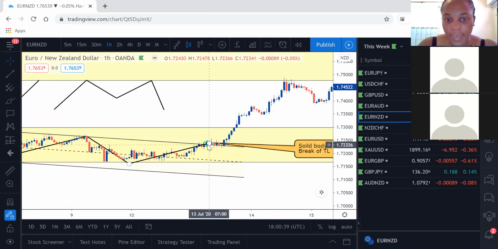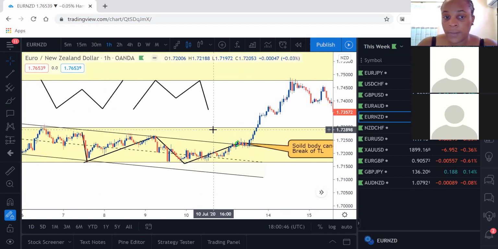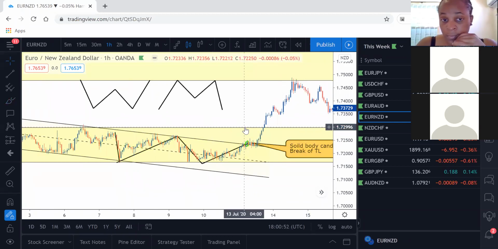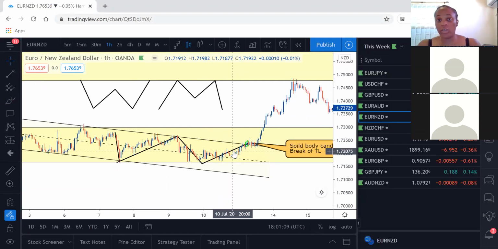Now, once I get this, I am going to hold my trade to my next target area, which should be up here. So, nice W. We would have gone into the trade somewhere around here, using the entry strategy.